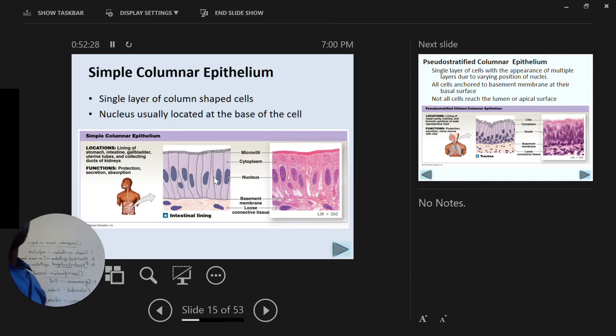Do you see epithelial tissue protect? Do you see squamous protecting? Squamous does not protect because they are fragile. They are washed away easily. So they don't protect. So two of them protect, cuboidal and columnar, because of their shape, right? They are able to protect.